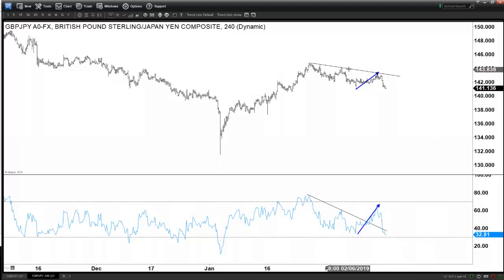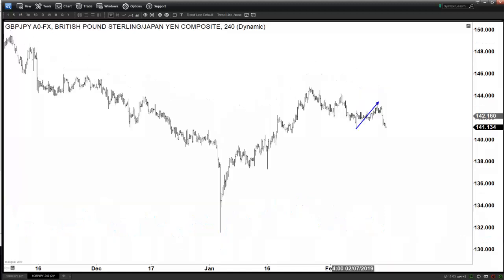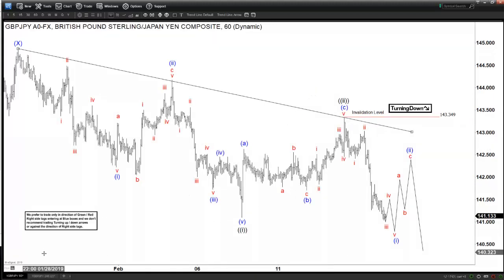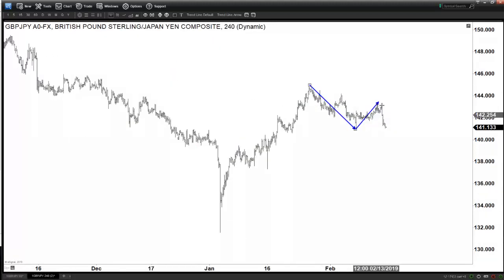So that makes more sense to label it this way, in which this is your primary connector from the peak. Either you label this as 1, 2, as what we are doing here, or if you want to label it as corrective, then WX, let's say, which is also possible.